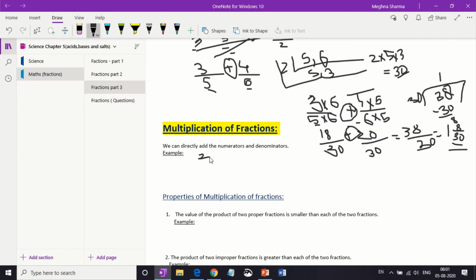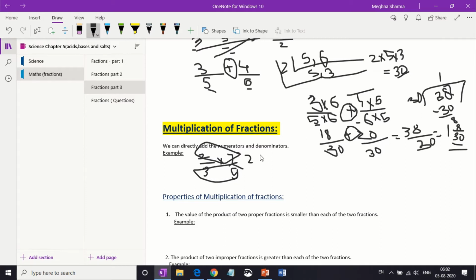I'm taking small numbers for now. 2 by 3 into 7 by 5. Here you have to directly multiply, which means you have to multiply the numerators and the denominators directly.